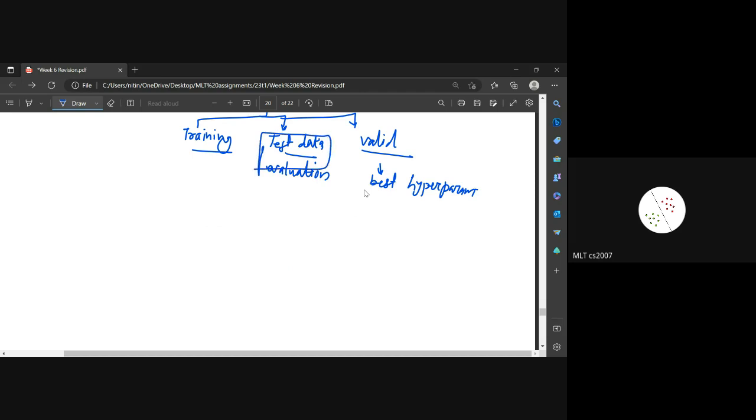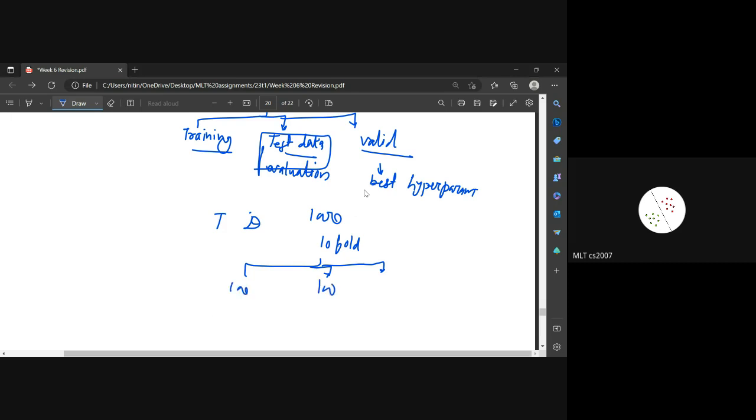You have the training data set D. Now you divide your training data set into k folds. If you have 1,000 data points in your training data set, you divide it into k folds. Let's say 10 folds, so you are doing 10-fold cross validation. You divide into 10 folds, each with equal data points. So how many data points will there be in each fold? There will be 100 data points, right?